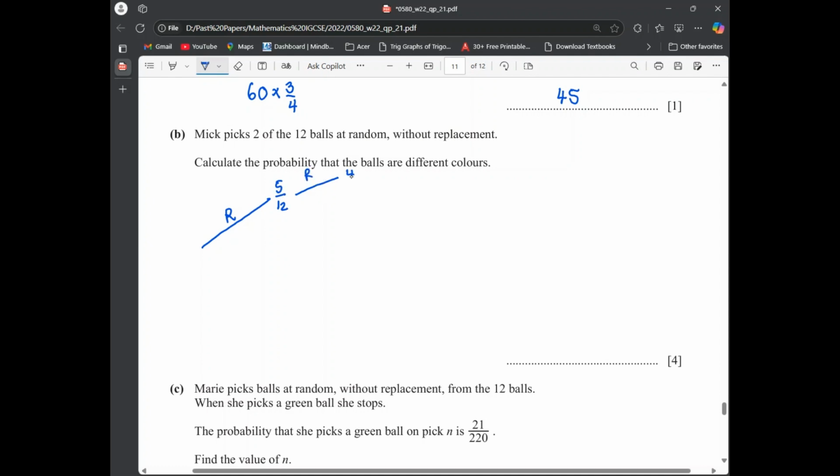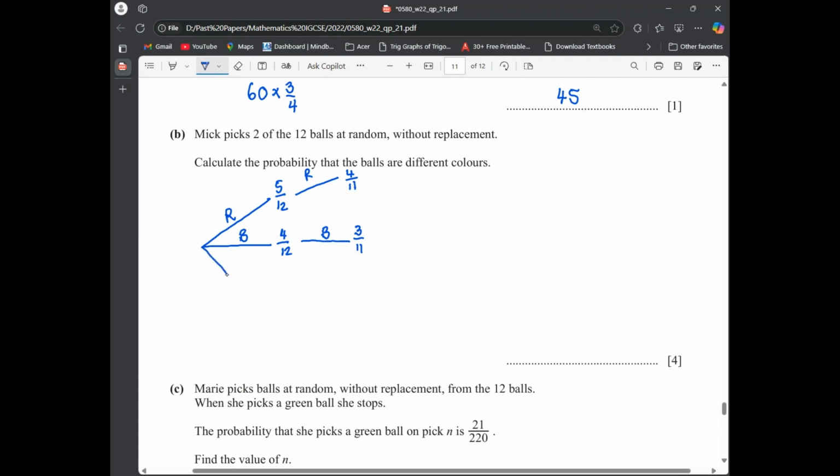So now there are 4 chances out of 11 of picking the red ball again. Or Mick can pick a blue ball, and there are 4 blue balls out of 12 if he picks it for the first time, and likewise another blue ball there. That's going to be 3 out of 11.